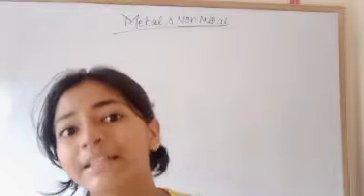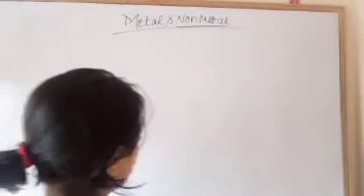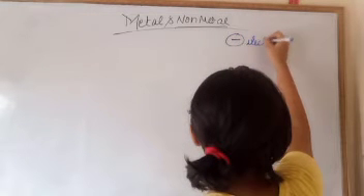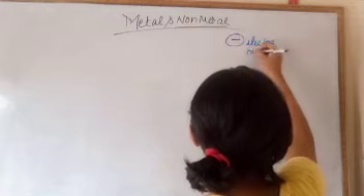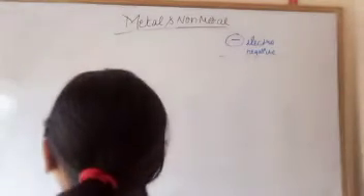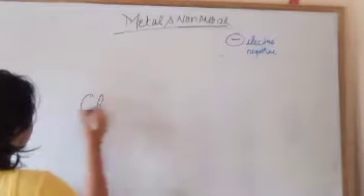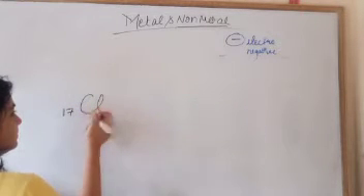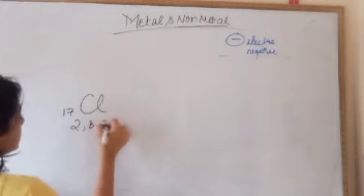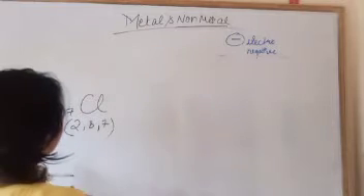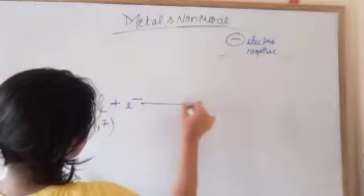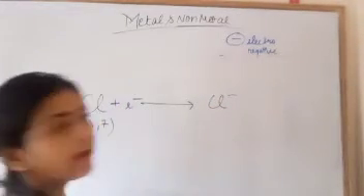Whereas non-metals gain one electron, have negative charge and are electronegative, right? For example, chlorine, atomic number 17, configuration 2, 8, 7, will gain an electron which will give you Cl minus.